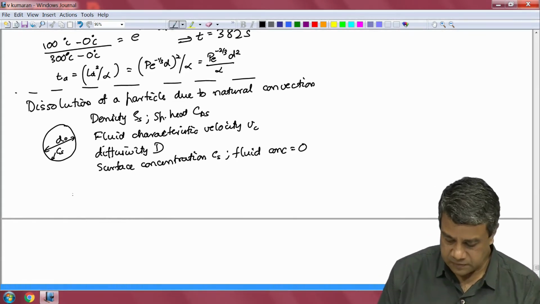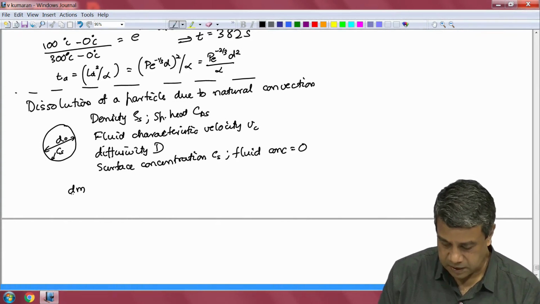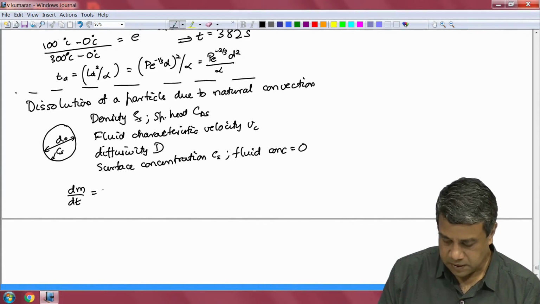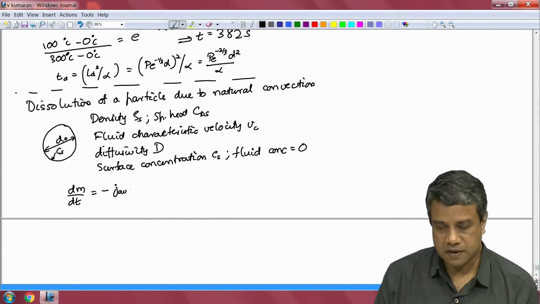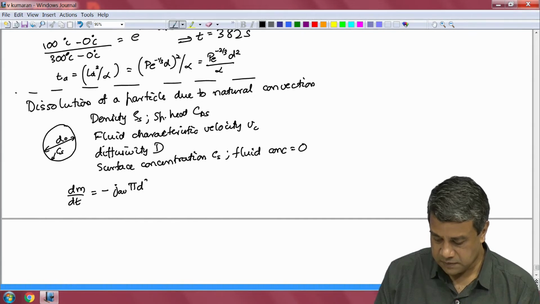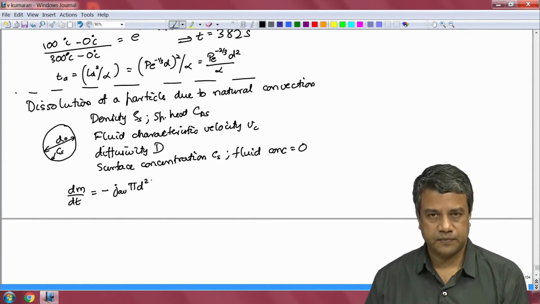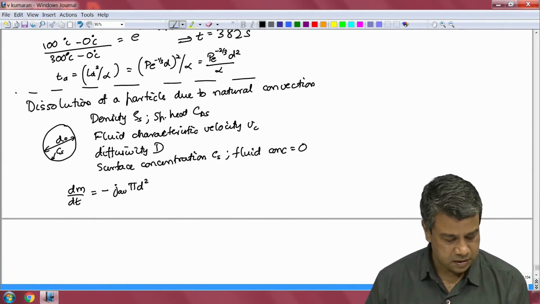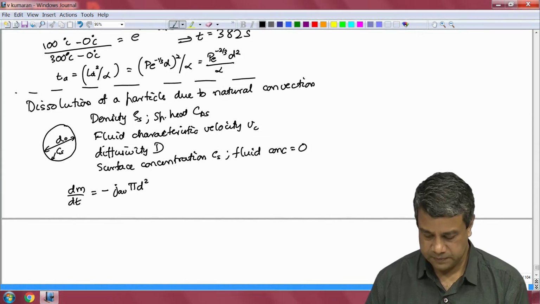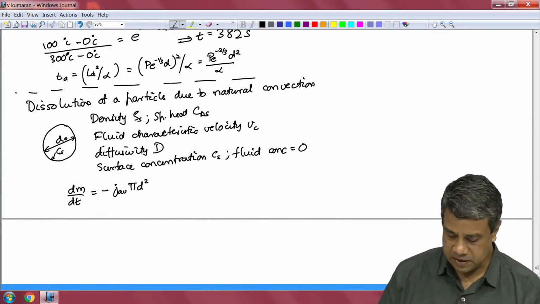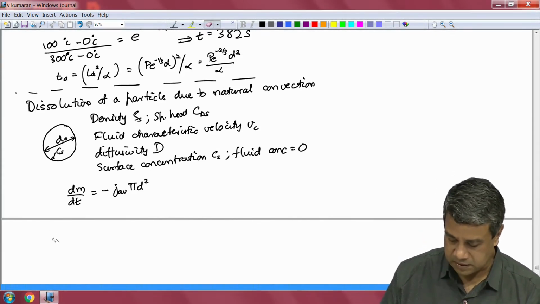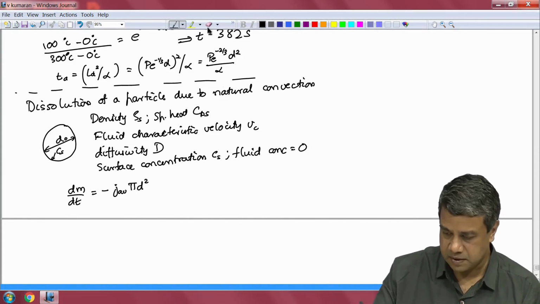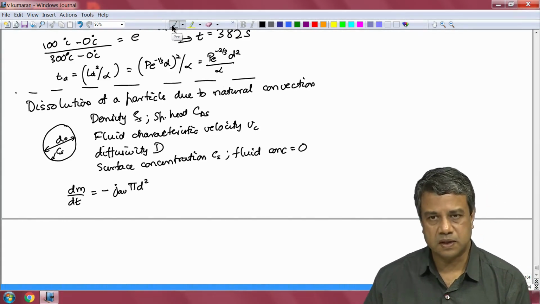The rate of change of mass of the particle has got to be equal to minus the mass flux, average flux, times the surface area of the particle. That is the balance. Rate of change of mass is, I will use partials here because I have a variation of diameter with respect to time, though this is actually a total derivative.